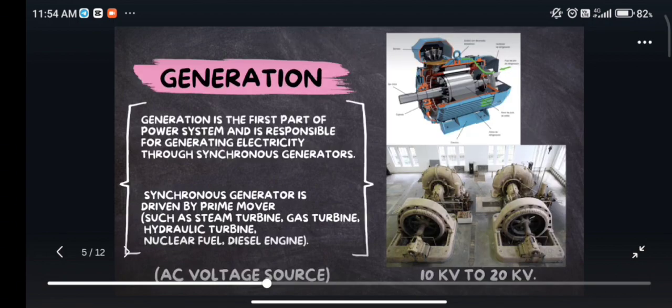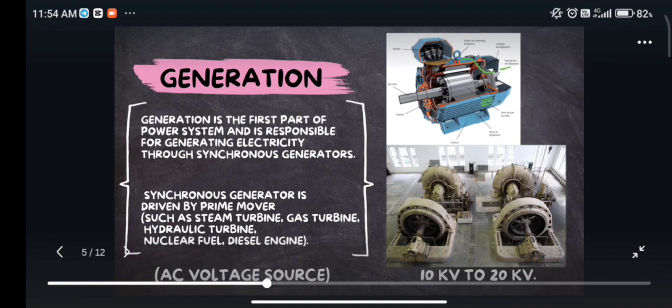For the generator, generation is the first part of the power system, and it is responsible for generating electricity through the synchronous generator. The synchronous generator is driven by a prime mover such as a steam turbine, gas turbine, hydraulic turbine, nuclear fuel, or diesel engine, and generation is supplied by an AC voltage source.